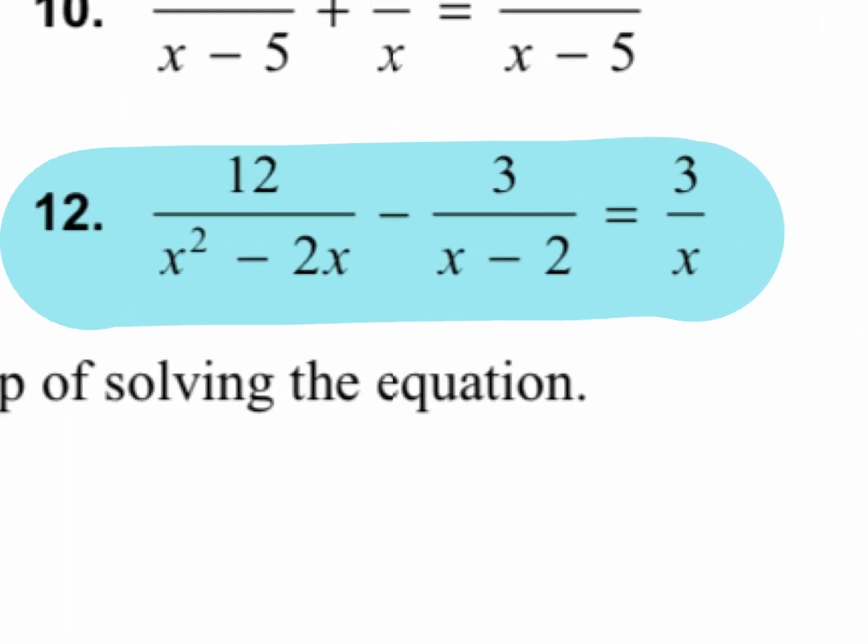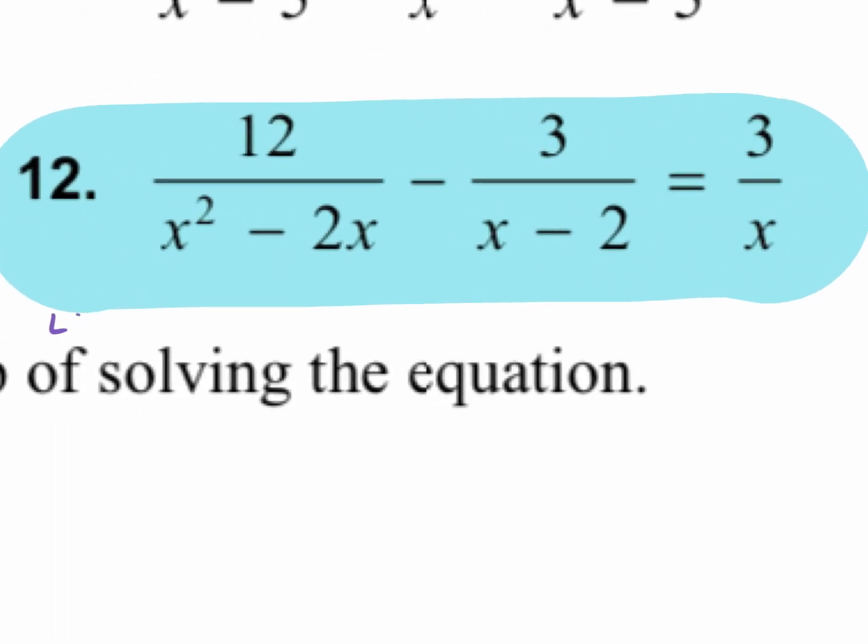So looking at number 12, we want to find our least common denominator. How could I factor my first denominator? Take out an x. When we take out an x, we're left with x minus 2. Second denominator is x minus 2, and third one is just x. So for our least common denominator, we're going to list everything from the first one.